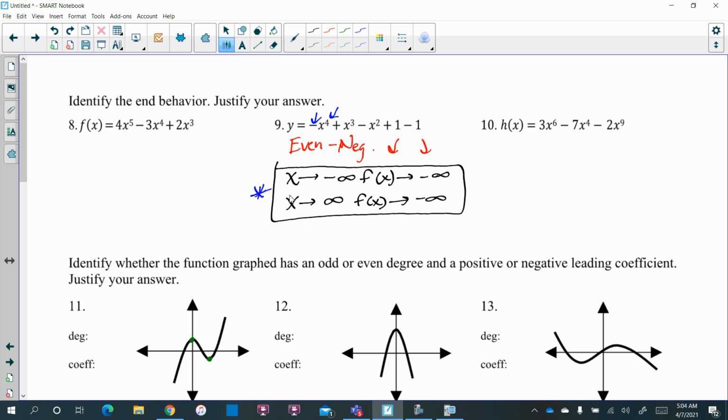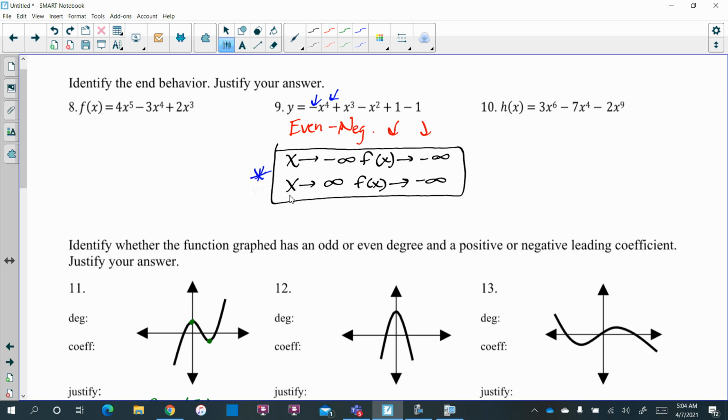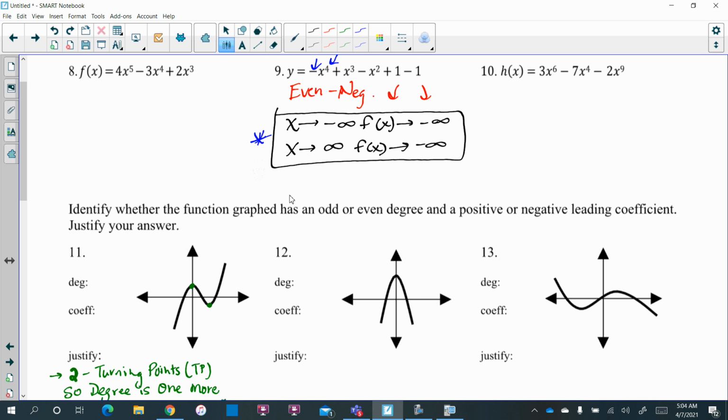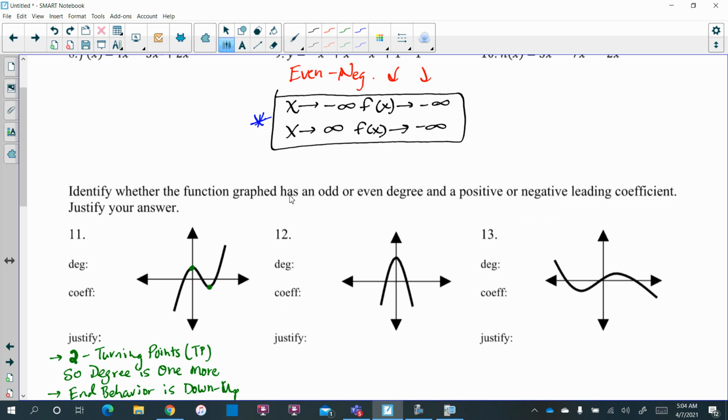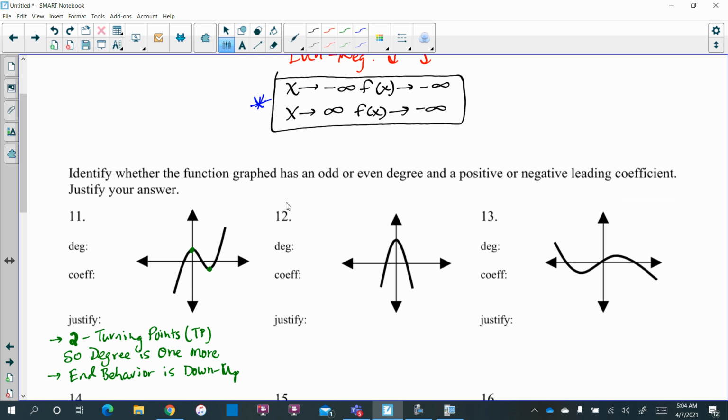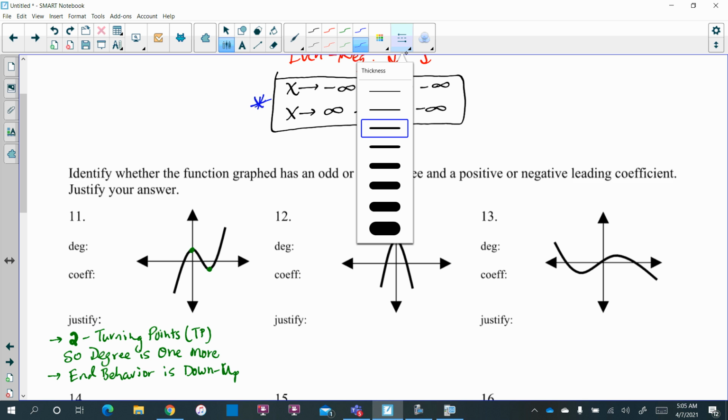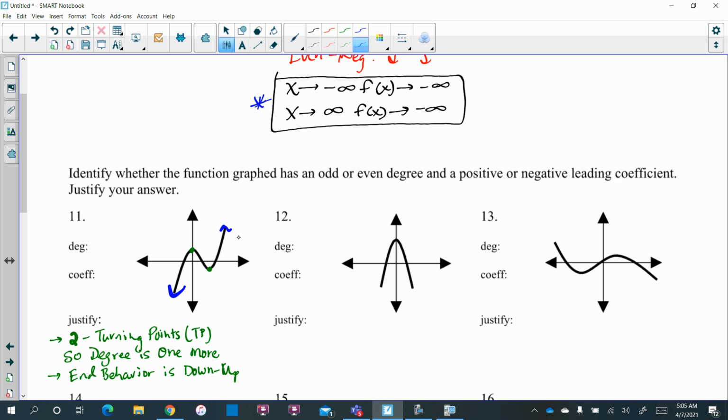In this section, they're giving you the graph, and they want you to identify the function as odd or even, looking at your end behavior, and whether the leading coefficient is positive or negative. If I look here, because I have these 2 turning points, and because it's doing a down, up, that would have to be an odd degree.